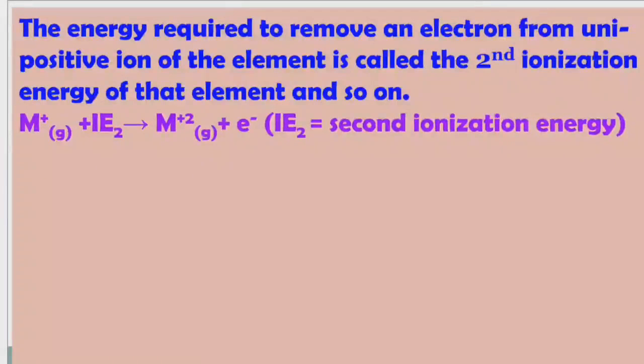Here M plus is the unipositive ion and IE2 is the second ionization energy. When energy is given to the unipositive ion, we can remove another electron, the second electron, and it will form an M 2 plus cation.